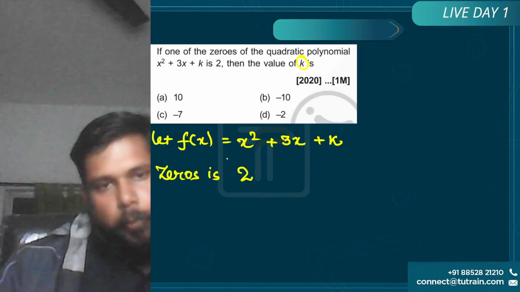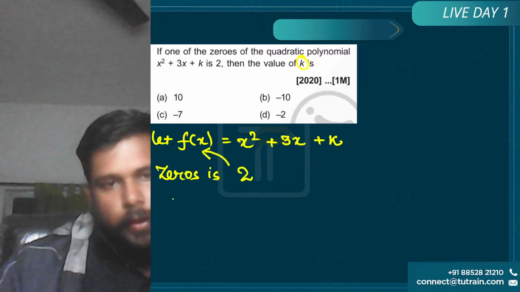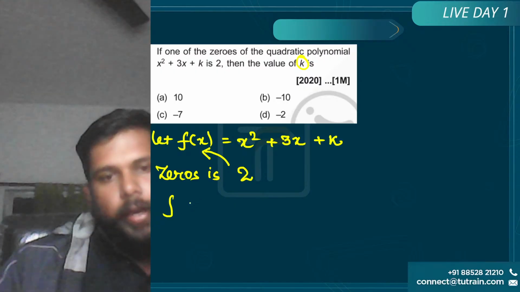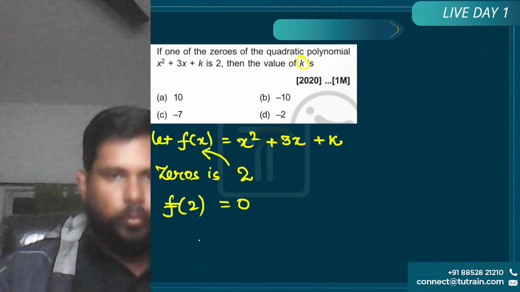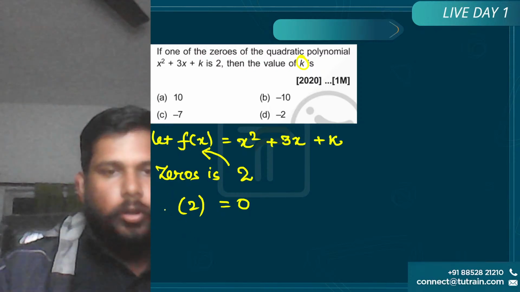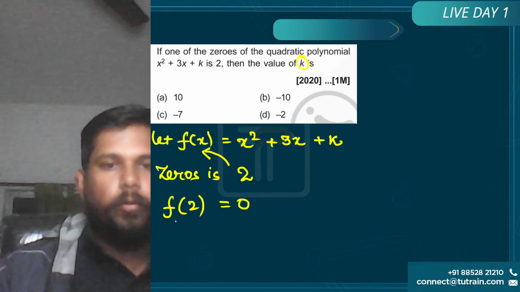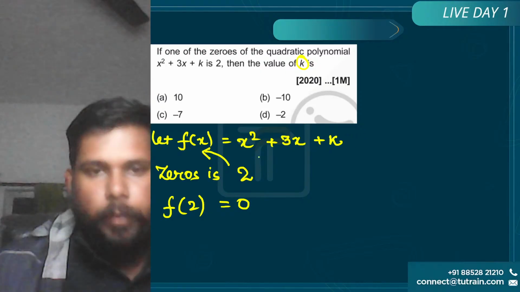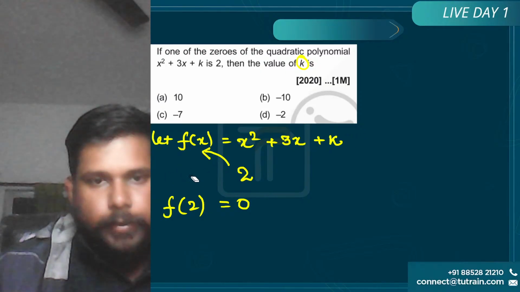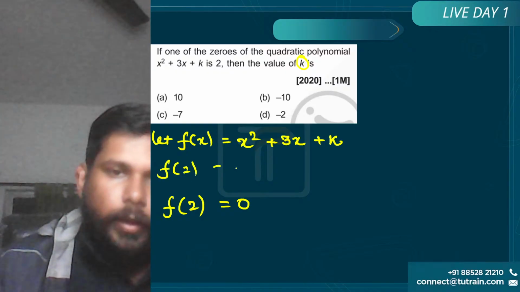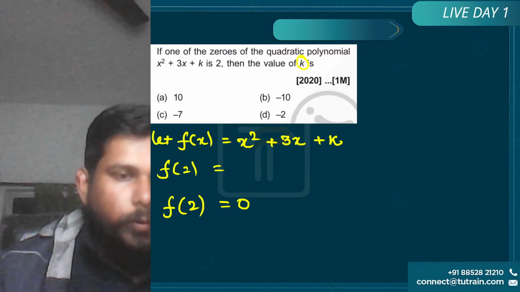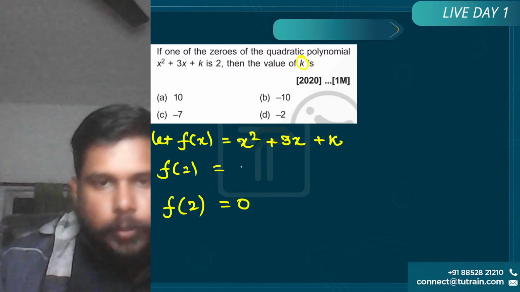That means if I put 2 in this, the f(2) will be equal to 0, right? So in place of x, just put 2.